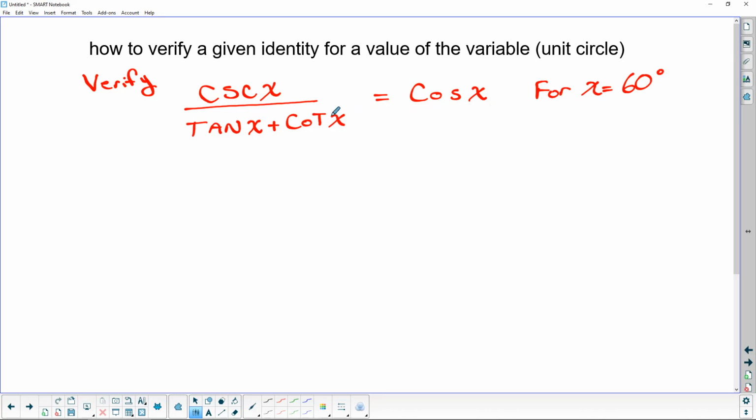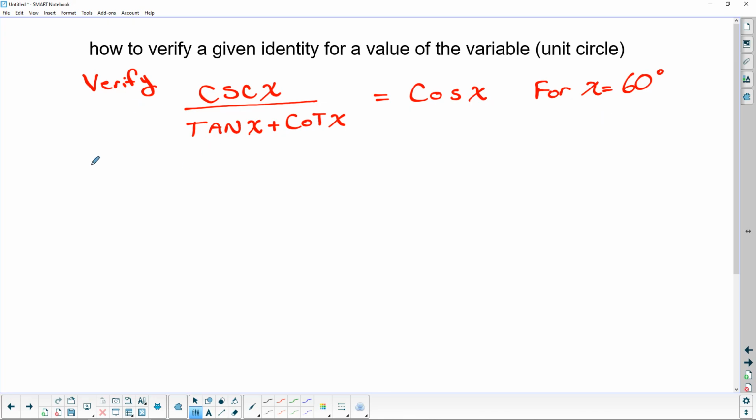So this is the general verification that we're going to use. We're going to use the fundamental identities to simplify the left side down and the right side down using the values that we have for x and y and r based on 60 degrees on the unit circle.